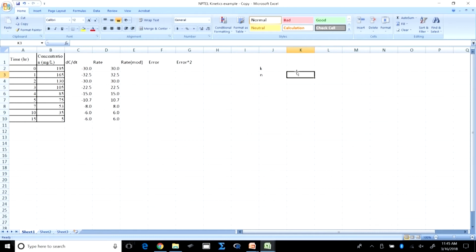So for n, let us say I will start with 2, enter, and for k let us say I will start with 0.5. They should hopefully be at least within the range of the expected values, otherwise Solver is going to have difficulty in getting that.